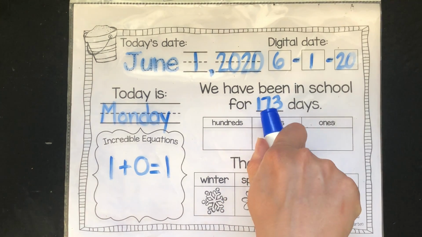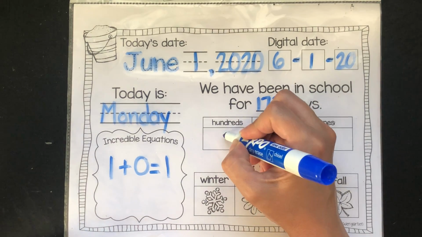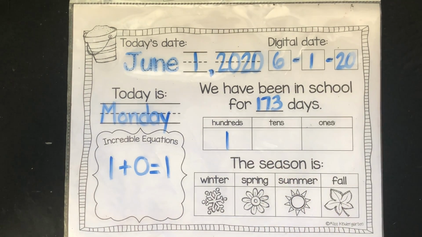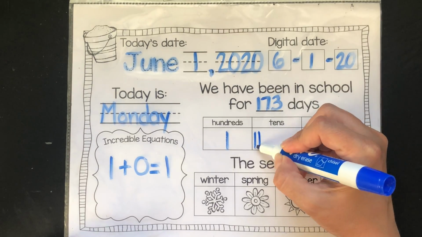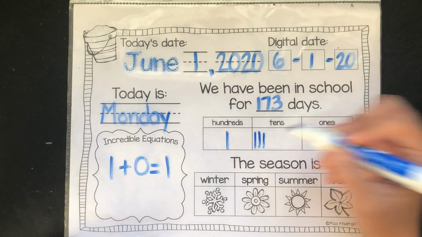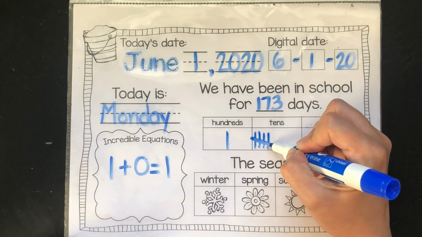We've got our hundreds, tens, and ones place. Which digit is in the hundreds place? 1. Very good. So we make 1 tally mark in the hundreds place. What digit is in the tens place? 7. So we're going to make 7 tally marks. Here we go. 1 and up. 2 and up. 3 and up. 4 and up. 5 and slide.